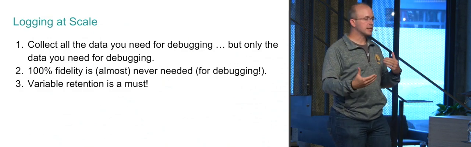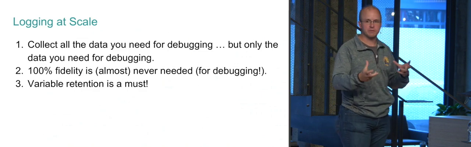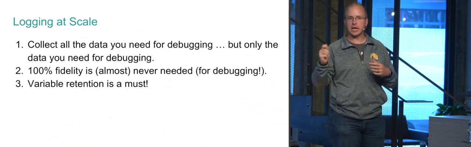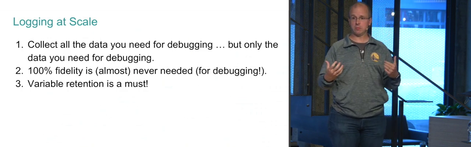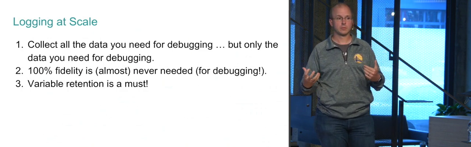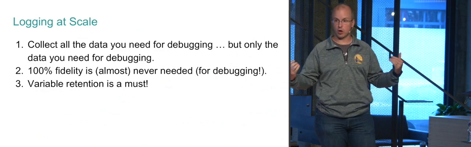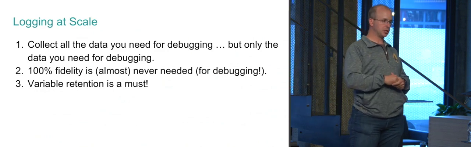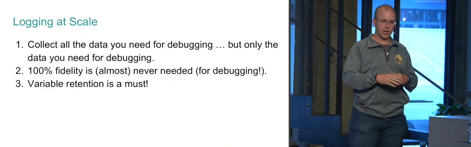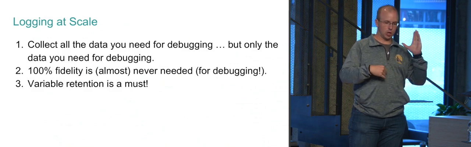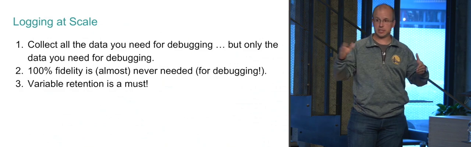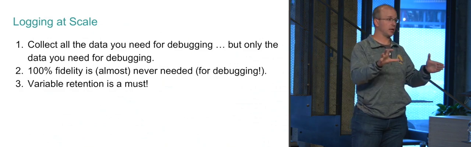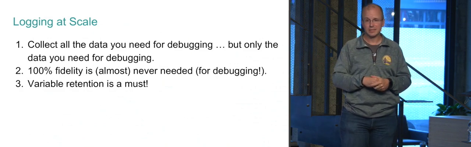So you don't necessarily need 100% fidelity on getting every message coming out of your logs. If you are sampling 10% of your logs and you're getting a good sample across it, and by good sample, I don't mean I've got a long-running system and I'm sampling 1 out of 10 systems, so 9 out of my 10 long-running systems are flying blind.